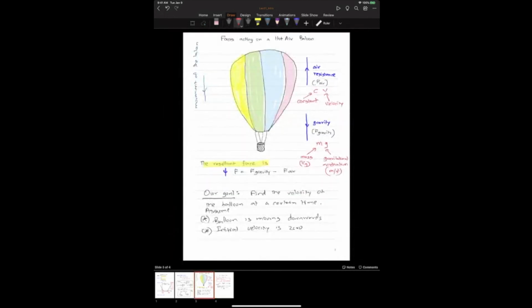Okay, so I can write a as dv by dt, where v is velocity. Remember, our goal is to find the velocity of the balloon at a certain time. So that is the engineering problem that we are trying to solve.